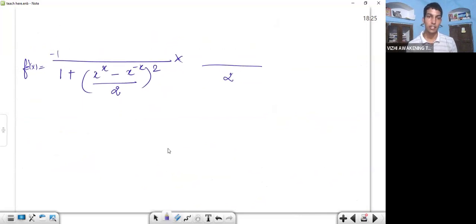Here we have to write the derivative of this, which is x raised to power x into 1 plus logarithm x, minus the differentiation of this, which was minus x raised to power minus x into 1 plus logarithm x, right?